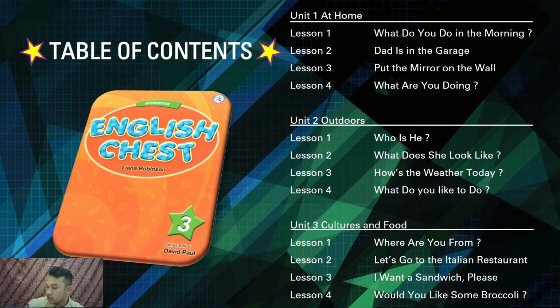In lesson 2 of unit 1, students understand the question where about a place or room, but in unit 3 lesson 1, students will understand where they are from, where are you from, about their countries, and also where are you, where are they.